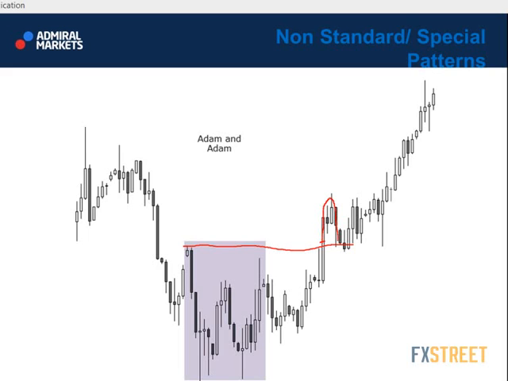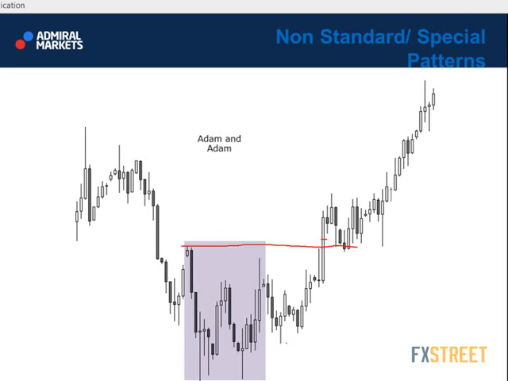Then look at this retest, and look at the continuation from this point. This is why you should concentrate on trading Adam and Adam at the break of the top. So this is the break of the top, this is the retest, this is the continuation.